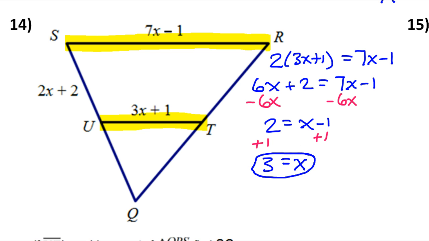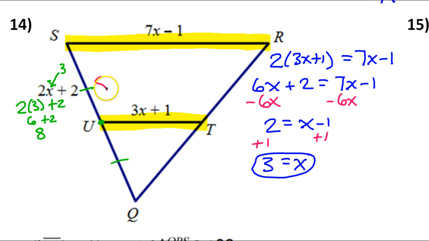So what I could do is take that 3 and substitute it in for the variables. So that's going to make this 2 times 3 plus 2. So that's going to be 6 plus 2. So that's going to be 8. But if this is the mid-segment, that means this is a midpoint. So that means these two sides are congruent to each other.